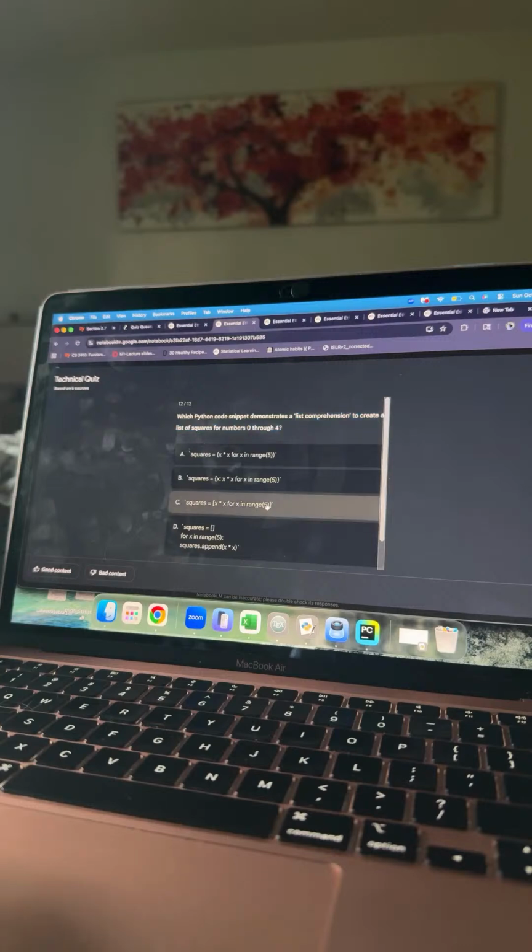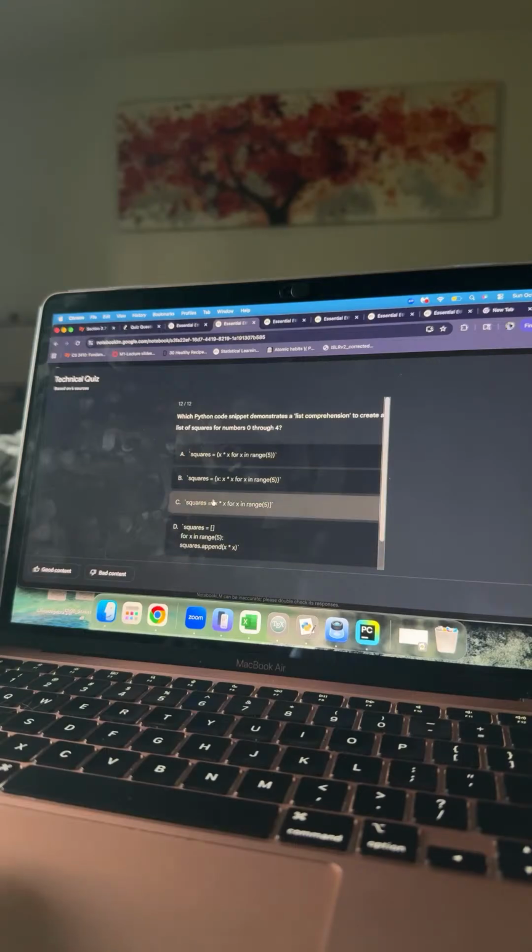Well, the range has to be 5, right? Because you can't include the last part of the range. These all look the same, honestly. I think it's C, right?